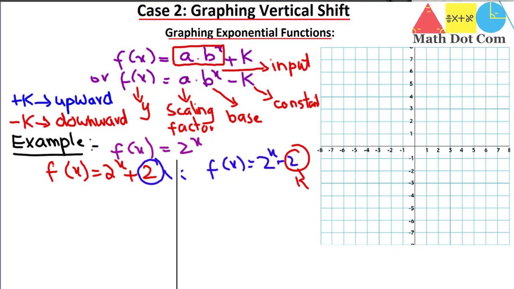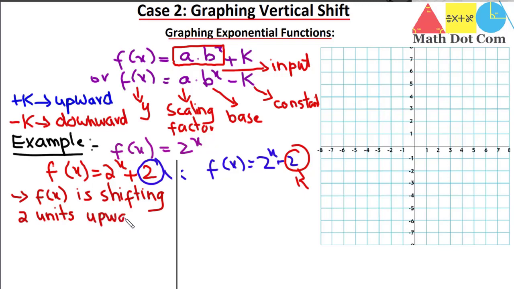In one transformation a constant is added, and in the other the constant is subtracted. In the transformation where the constant is added, that is plus 2, the original function is shifting 2 units upward. This is the information you should know before plotting the transformed exponential function. So whenever you come across a function like this, it should click in your mind quickly that this function is transforming the original function 2 raised to power x by 2 units in the upward direction on the y-axis.